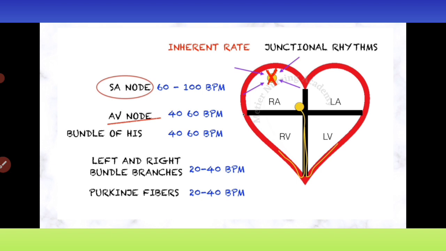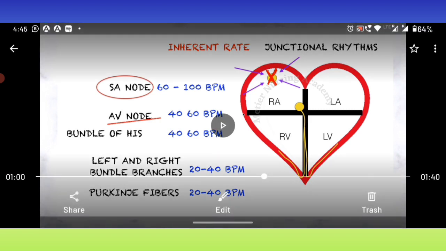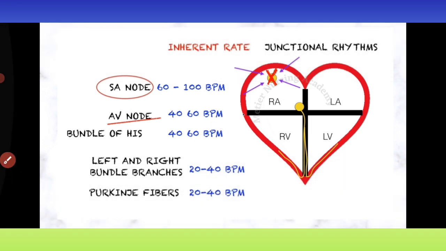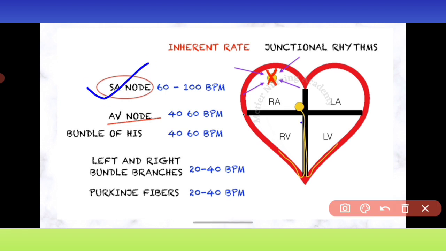See, junctional rhythm, before understanding about that, we should know about the different area of the conduction. If SA node is conducting the electrical impulse, how the SA node will conduct?